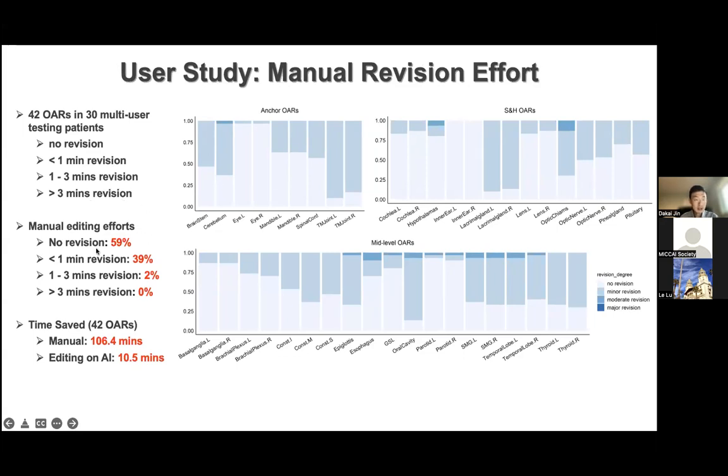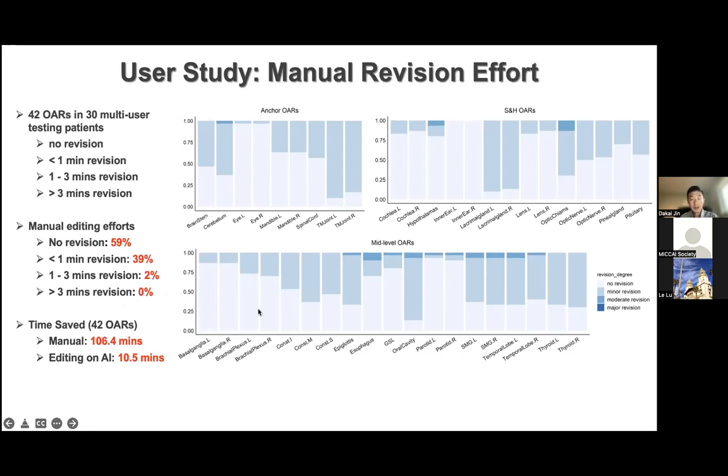We see that almost 98% of the organ risks only require either no revision or less than 1 minute revision. Only 2% need the 1 to 3 minutes revision. So no organ risk needs more than 3 minutes revision.